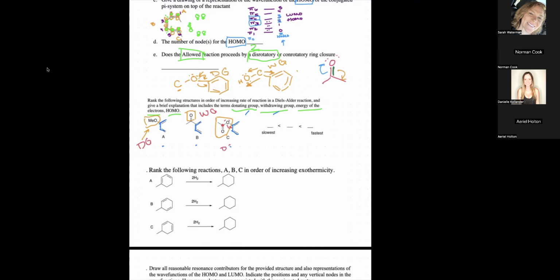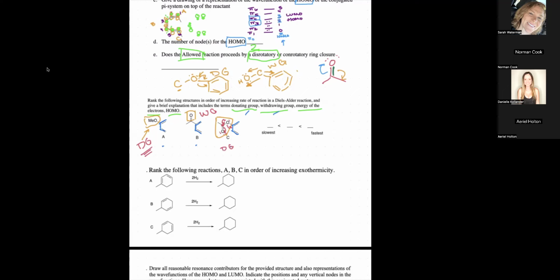So it is a donating group, but it has some minor resonance contributors, because this can go here and then these can go here. So it's kind of like half and half, right? It can donate, but it also has this pull from this other oxygen over here, right? So it will still donate, but not as much as this donating group over here.